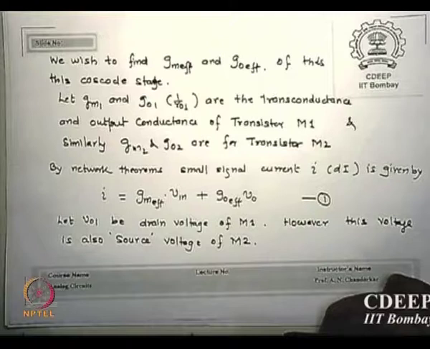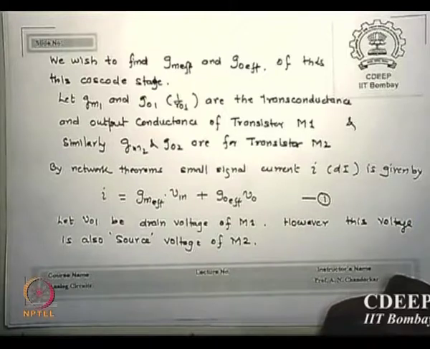GO is nothing but 1 upon RO, okay. So I want to calculate for this cascode stage a GM effective. What is GM effective? If M2 would not have been there, there would have been only GM1. Is that correct? With M2 present, the effective GM is what we call GM effective, and we derive that.